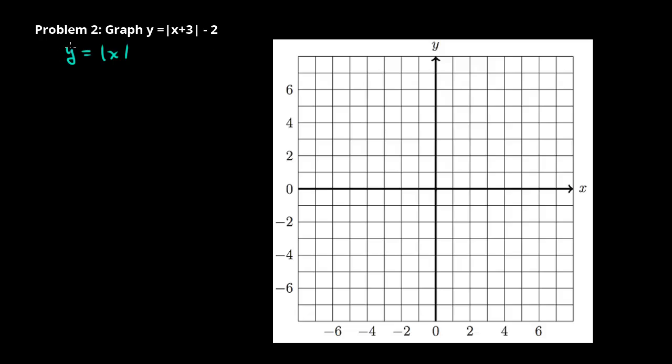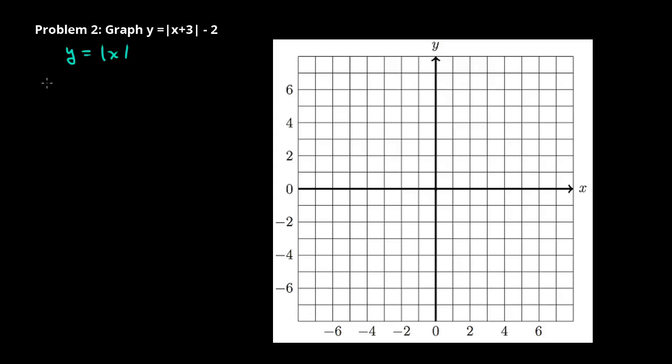So if we take y is equal to the absolute value of x, let's look at what transformations have been done in the equation y is equal to absolute value of x plus 3 minus 2.